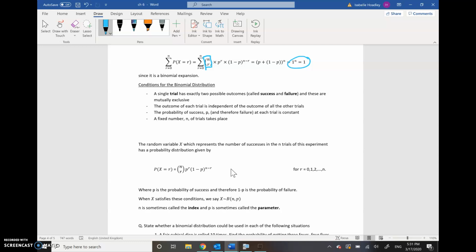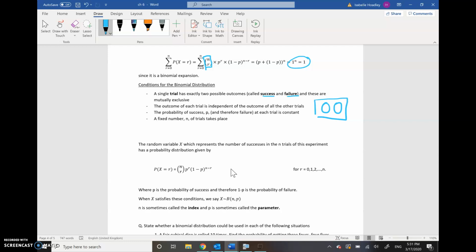Things are only a binomial distribution if there are exactly two possible outcomes. I already said that at the start: success and failure. And they have to be mutually exclusive, so remember that's when you've got your Venn diagram and the two things do not overlap. Obviously, if they overlap, that would create a third condition, so that should be fairly obvious.